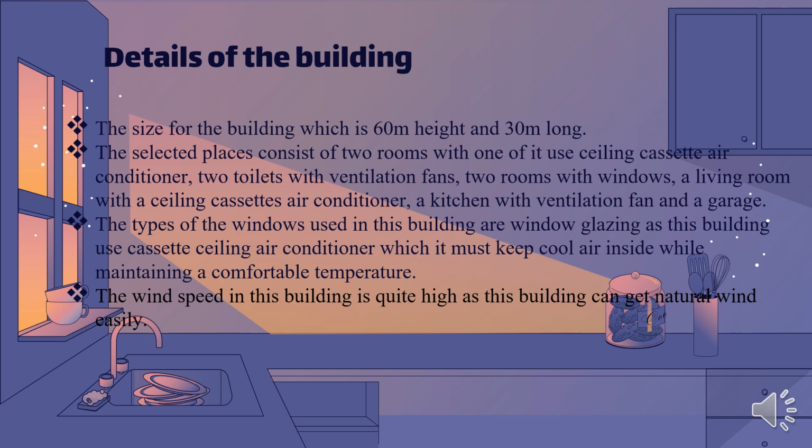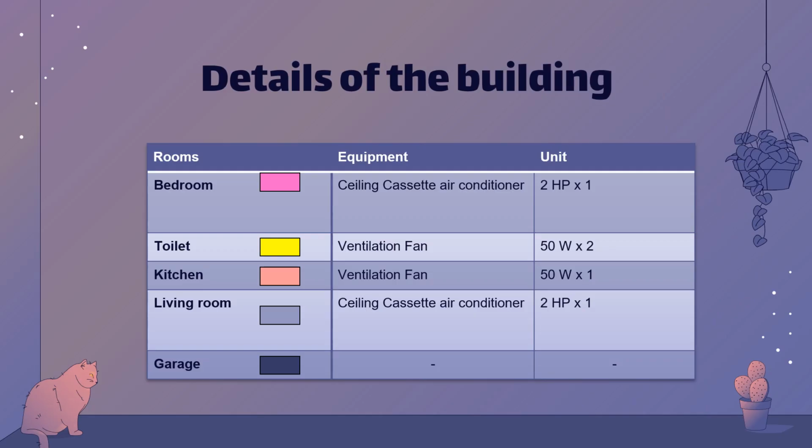The type of windows used in this building is window glazing, as this building uses a ceiling cassette air conditioner, which must keep cool air inside while maintaining a comfortable temperature. The wind speed in this building is quite high, as this building can get natural wind easily.